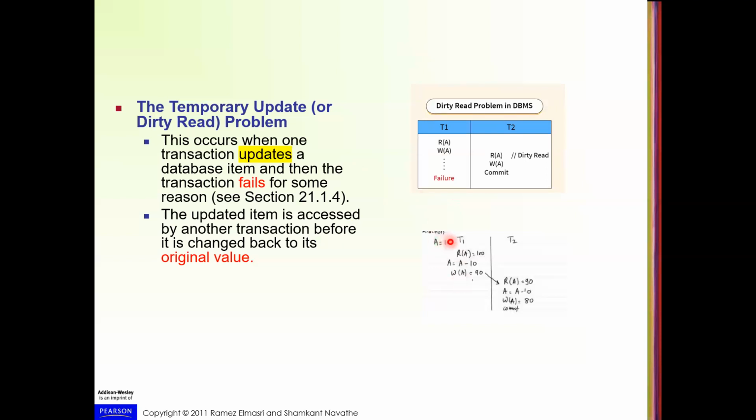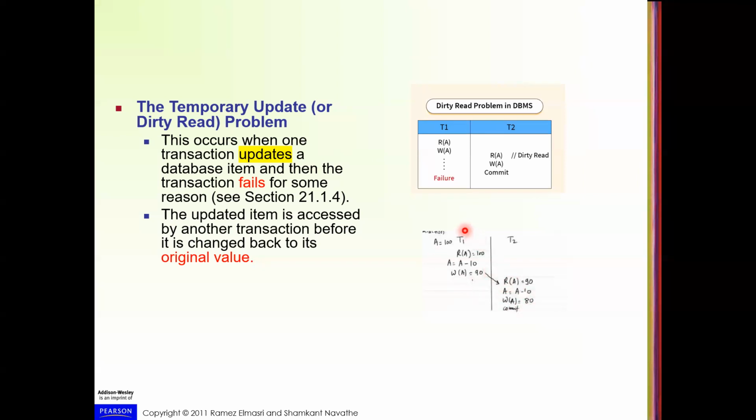For example, here we have transaction 1 and transaction 2. T1 is reading A equal to 100, then it made A equal to 90, and then it wrote the value of data item A as 90. But did you see it? T1 did not commit. T1 did not save the value of item A. Now T2 read the value as 90, made some changes, wrote the changes and then committed.